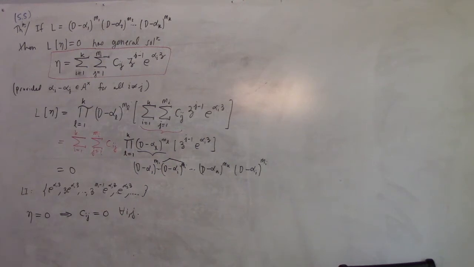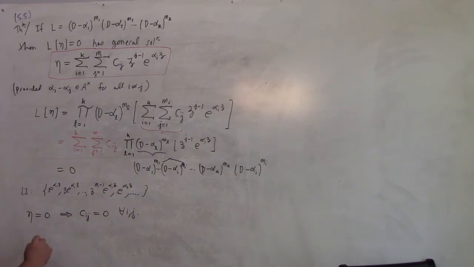So I proved that the trivial linear combination of the functions must have trivial coefficients. The way I did that, if you look at the argument, is to take this equation and pick on it by operating on it.